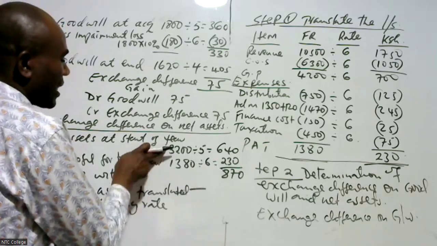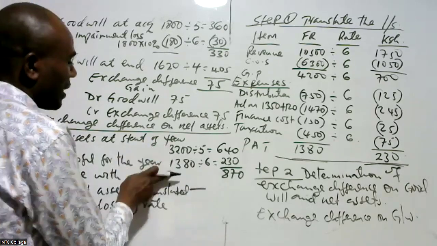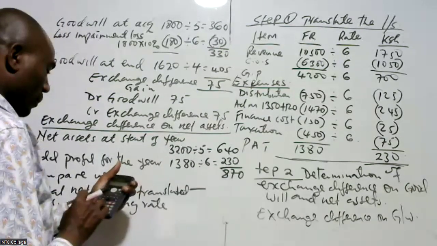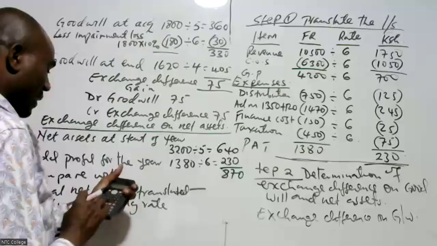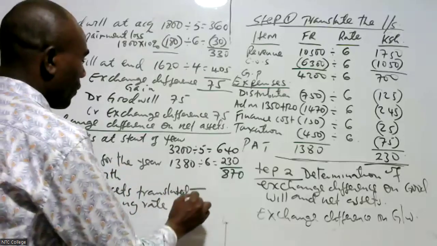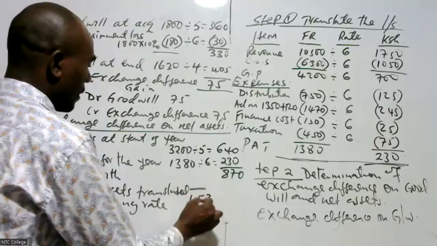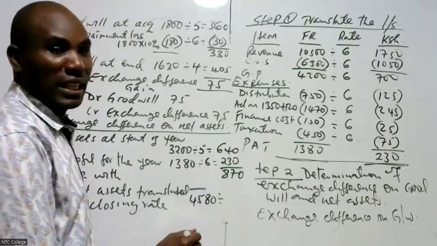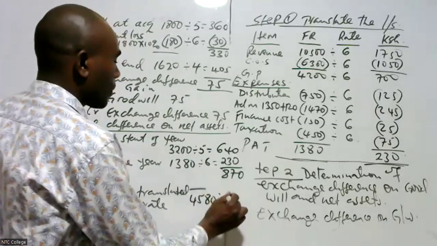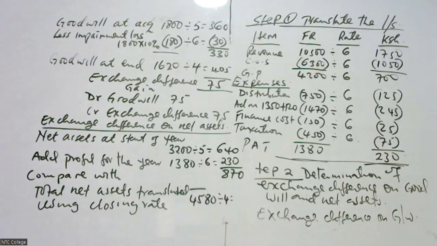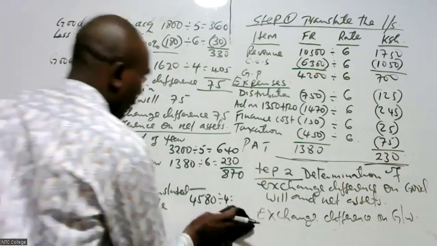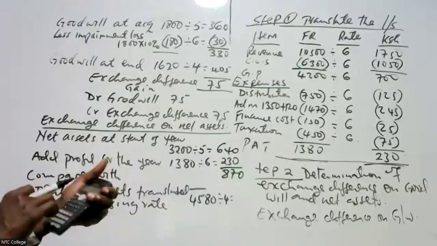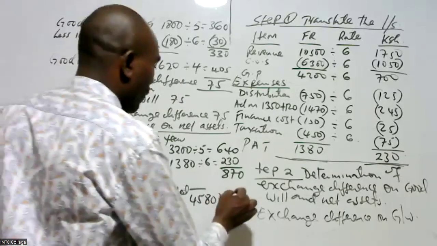My total net assets is 32 plus 13, 80. I'm getting 45, 80. Then this 45, 80, you divide by the closing rate, which is 4. Therefore, when I divide by 4, I'm getting 1145.